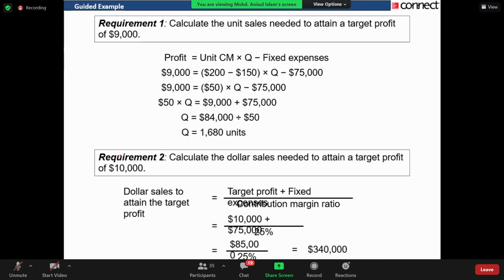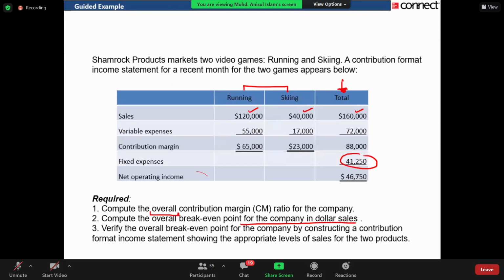Now we have solved the requirement of 2. Now, number 3: verify the overall break-even point for the company by constructing a contribution format income statement showing the appropriate levels of sales for the 2 products. What has been asked in this long question? The purpose is to verify the break-even point. We have solved the break-even point in terms of dollar sales.